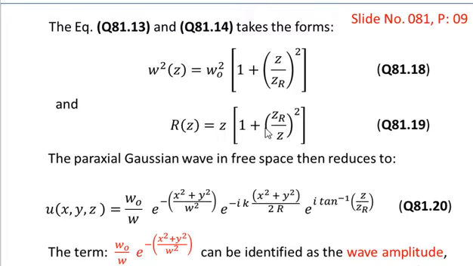So we have represented the previous two equations in terms of z over zr, that is, in terms of the Rayleigh range distance zr.